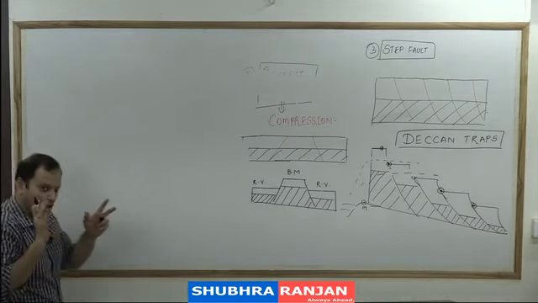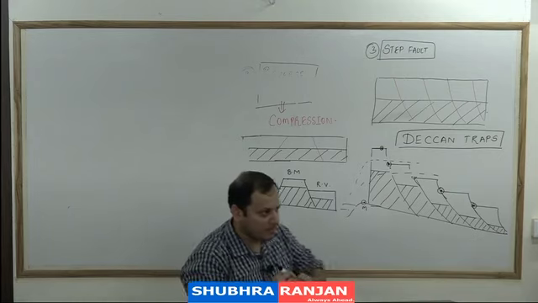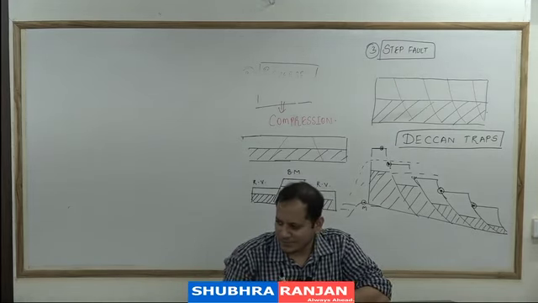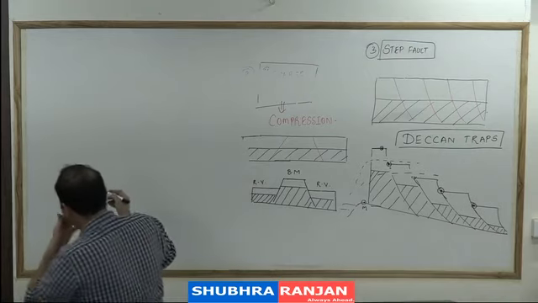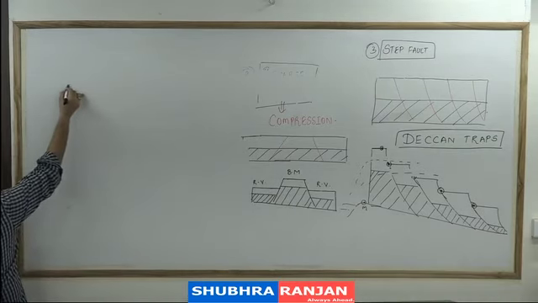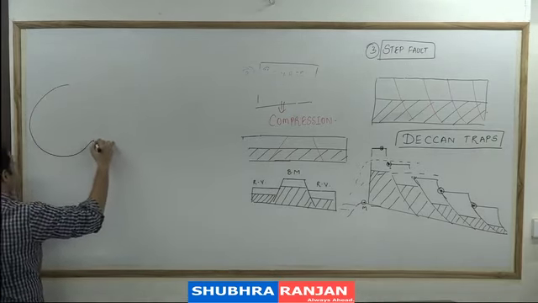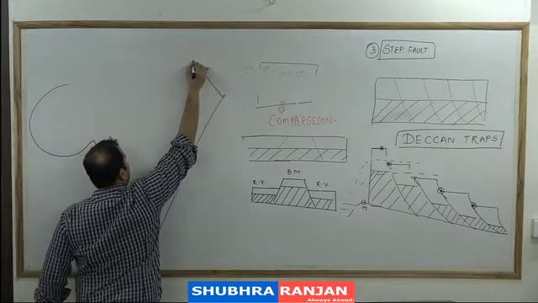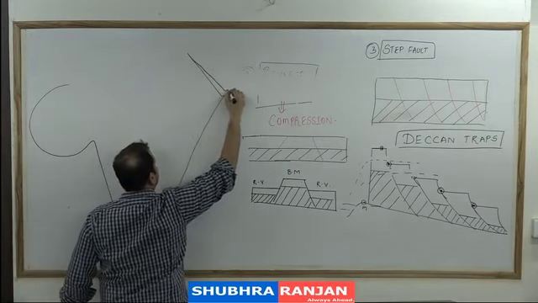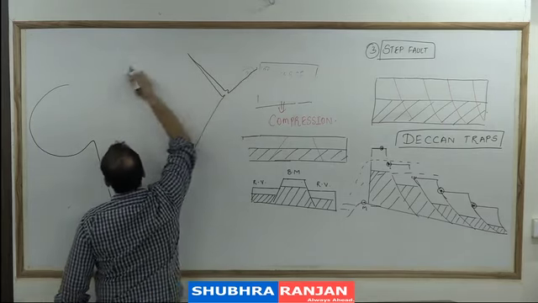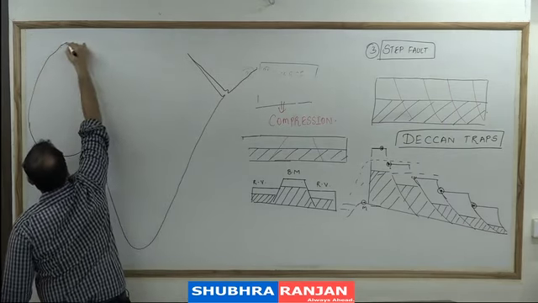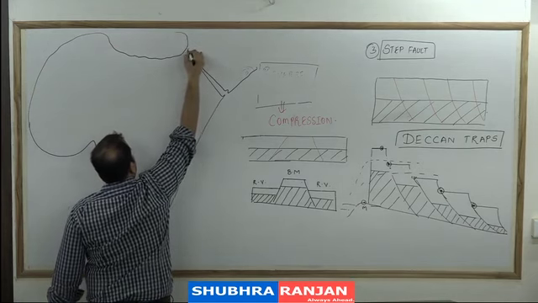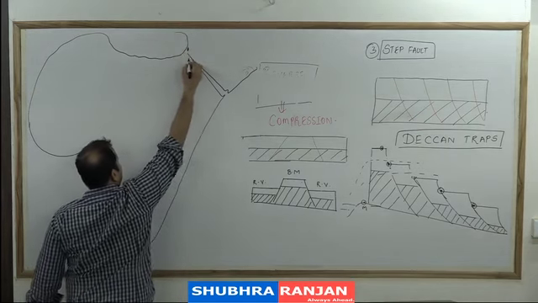So which is the longest fault system in the world? Look here. It starts from Syria, then the Dead Sea.